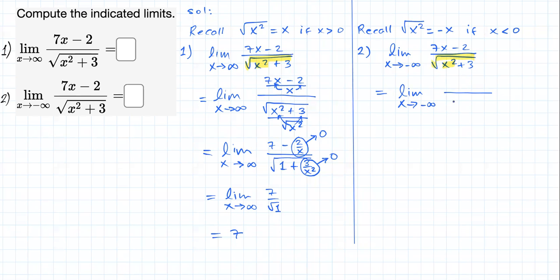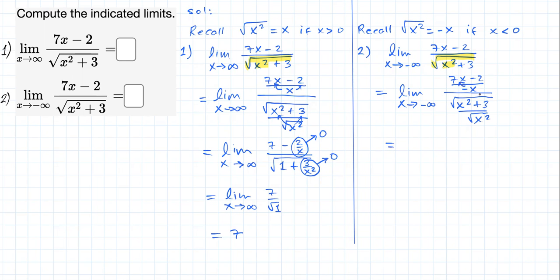So we will have to divide the denominator by the square root of x squared, and the numerator, which is 7x minus 2, must be divided by this quantity as well, right? But this quantity, notice, is just minus x, right? Because x is negative. So we divide the numerator by minus x.